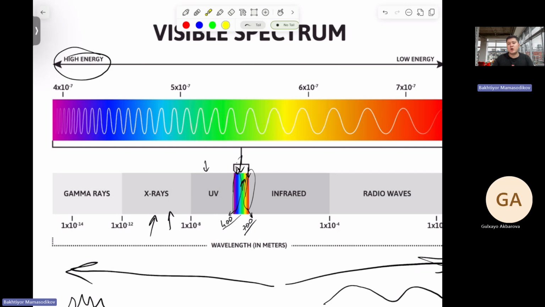Spectroscopy is used in hospital devices like pulse oximeters, based on light absorption by hemoglobin. You know the pulse oximeter, when they put the device on your finger and identify the pulse and the oxygen saturation, it uses spectroscopy.